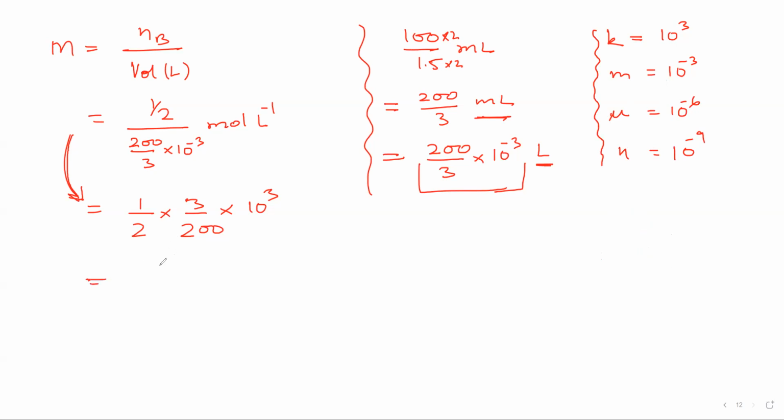So now calculate this. This will be what? 3000 divided by, then you have 2 into 200 now. You can cancel these two. It will be 30 divided by 4, right? 30 divided by 4. Correct?